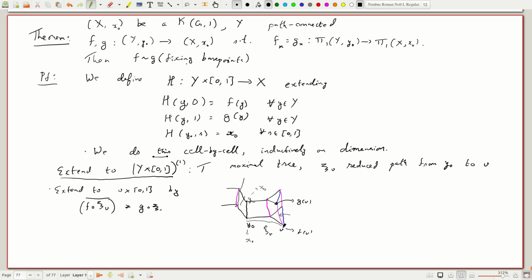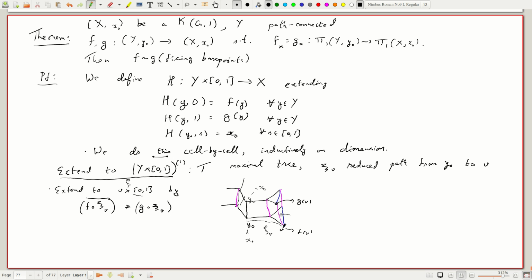And I said v, but of course we know what v is. It's the v which is this vertex. So this is e. Again, to clarify, what I'm saying is that remember the edges of the product are going to be the edges.